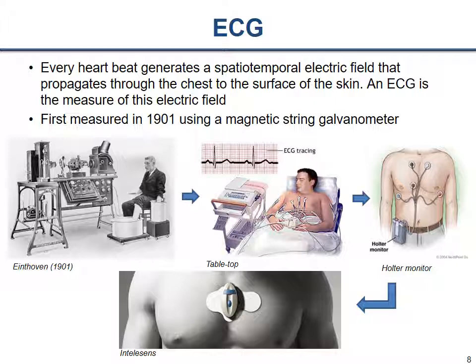Now, that's what we would like to do for clinical studies, but in some cases, people have heart conditions that involve very rare palpitations or rare events that we just can't reliably capture at the hospital. So in many cases, there is a need to measure ECG over a longer time than just a brief hospital visit.